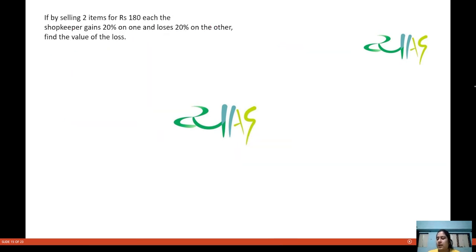Now let's move forward. Now it is saying if by selling two items for rupees 180 each, the shopkeeper gains 20% on one and loses 20% on the other, find the value of loss. Now this is the same question. Now this is easy for you. So you will have 1.2 times x1 is 180 in case of gain, and for the other you will have 0.8 x2 is equal to 180.